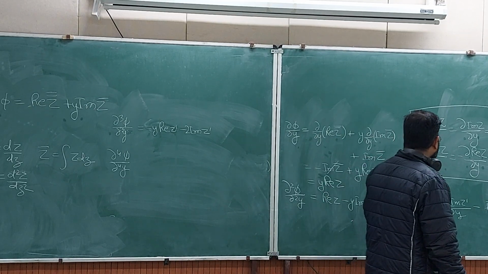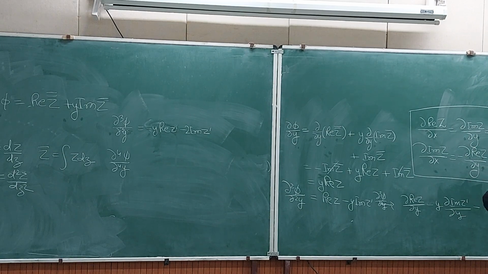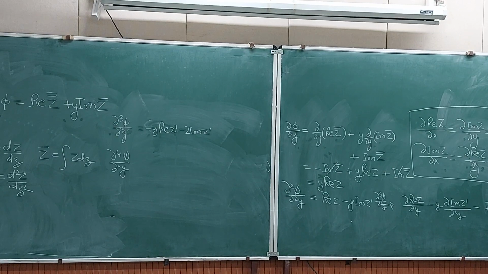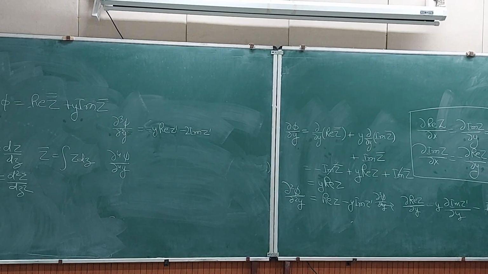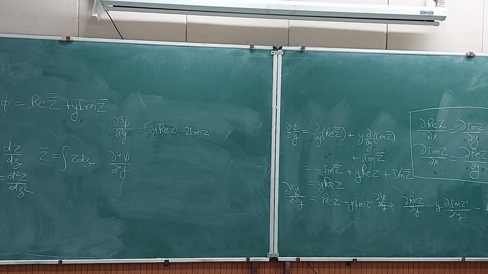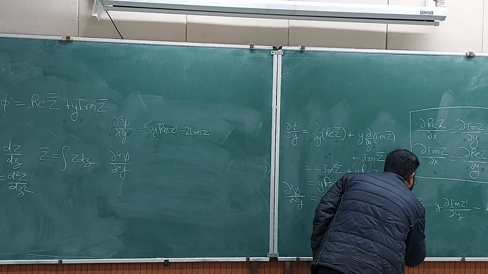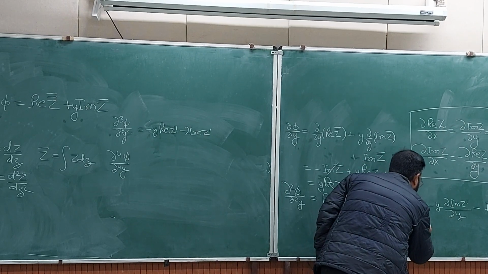So what is del y of real part of z? It is the negative of del z of imaginary part of z, right? The derivative of z is z dash, so we get the negative of imaginary part of z dash.